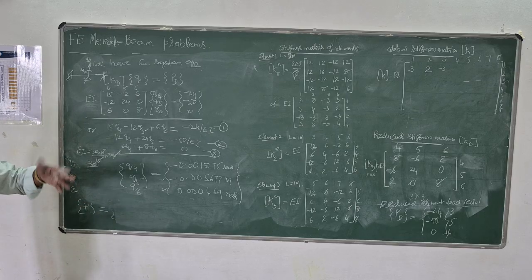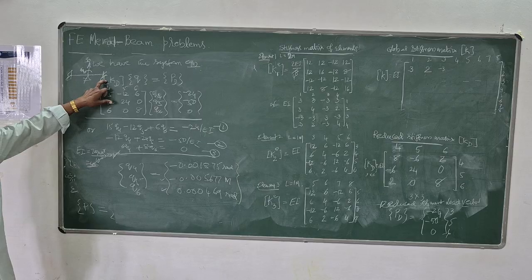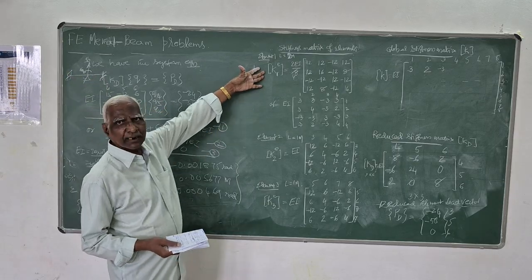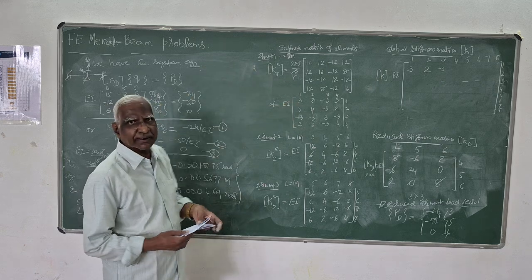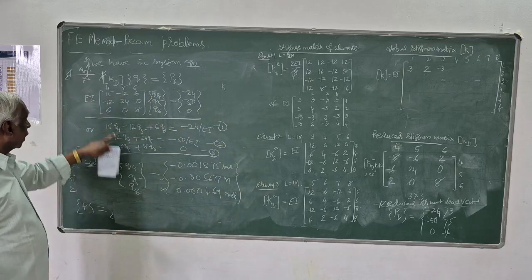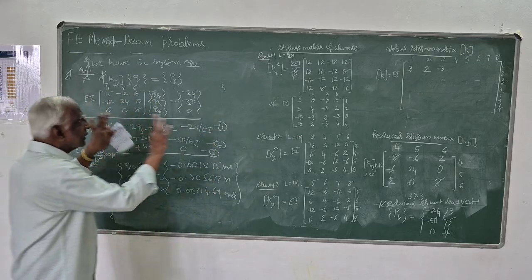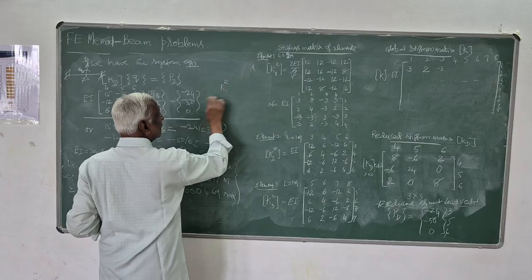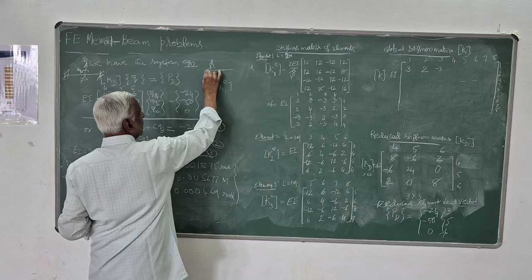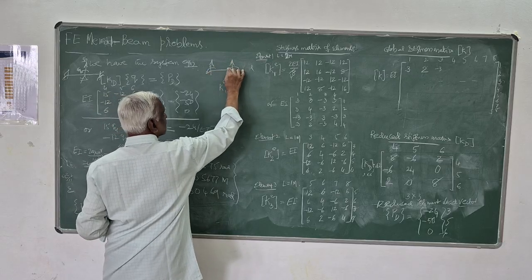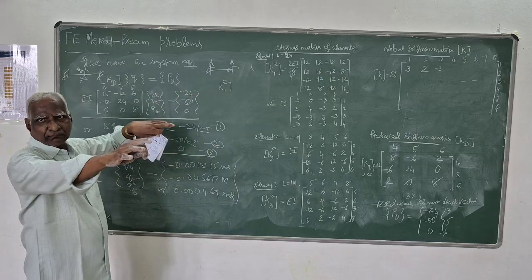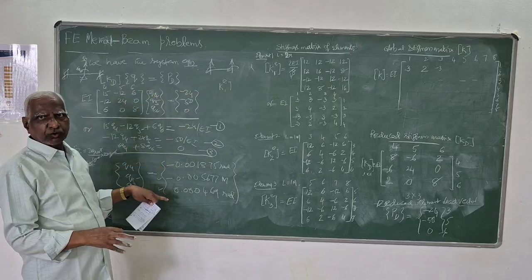Suppose you want to determine the moments at the ends for drawing the bending moment diagram, then you go to the elements individually. Here I have taken the global KD, so you take only the element equation. For element 1, if you want to determine the moments and shears, we know the M equation and the shear force equation.